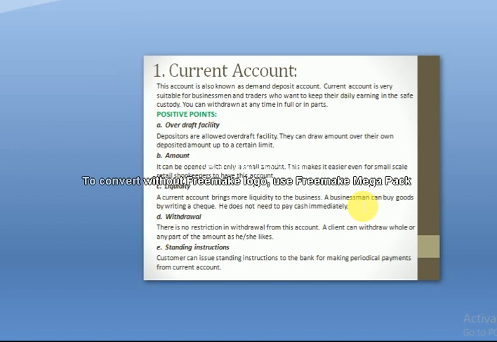So a client can withdraw the whole or any part of their deposit amount. Look, if I have 1 million Afs in my account, I can withdraw this total 1 million at one glance. There is no restriction, but I will pay some service charges to the bank in this case, because there is a limit on drawings within 24 days according to the rules of the banks.